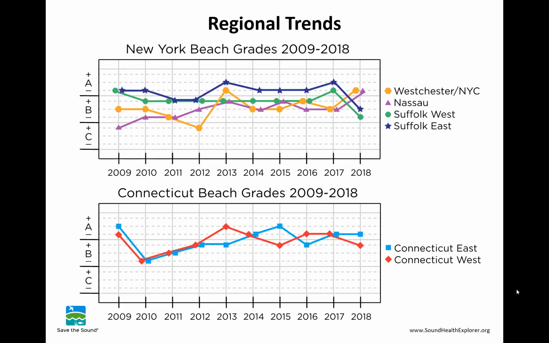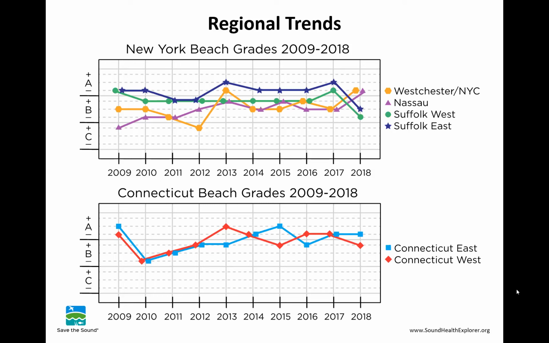And as you can see, most regions stay pretty solidly in the B area with a little C and some A in some communities. So a lot of variety by year. So this is each of the grades that we assign to the beaches in these regions. We made an annual average based on the grades, and then we plotted those over this 10-year time scale.